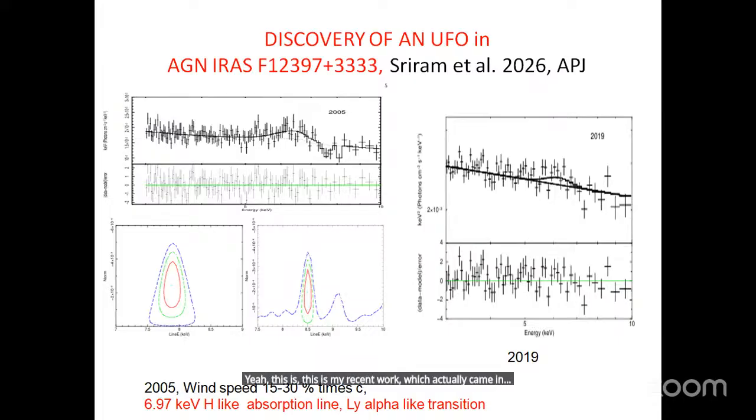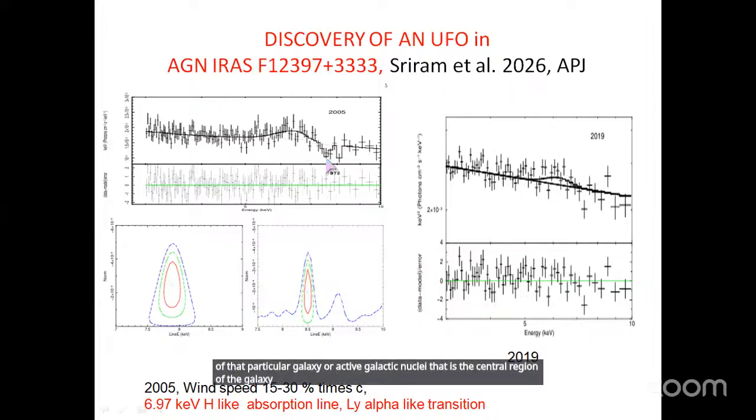This is the discovery of an ultra fast outflow, UFO, in one of the galaxies named IRAS F12397. This is my recent work, and it got media attention recently. If you look carefully, this is a spectrum of that particular active galactic nucleus, the central region of the galaxy.